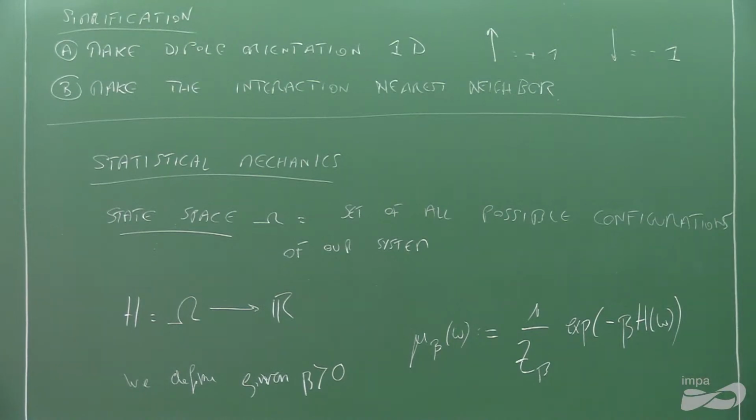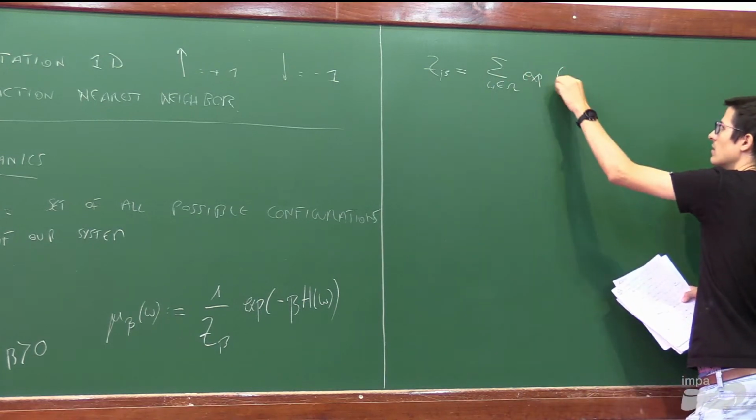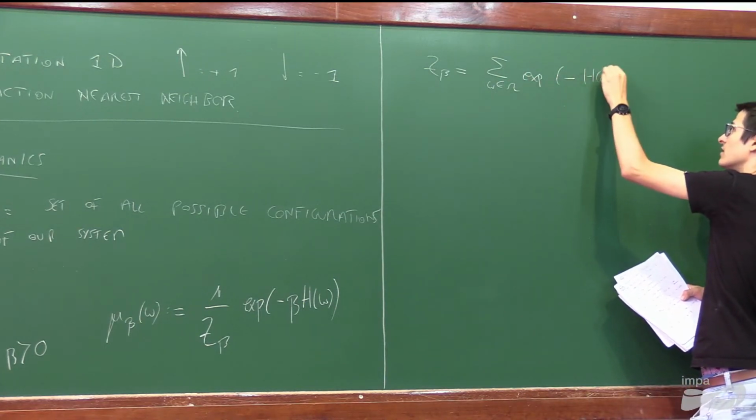Okay, where the normalization is just the sum over all configurations of exponential minus beta H of omega.